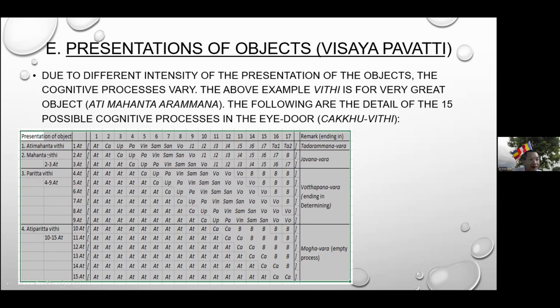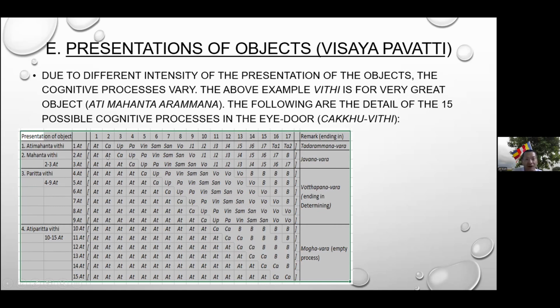But when it comes to the second category of presentation of object, Mahanta Vithi, there are two possibilities. One with two Atita, that means two past Bhavanga. Then the second one is with three past Bhavanga, three Atita here.